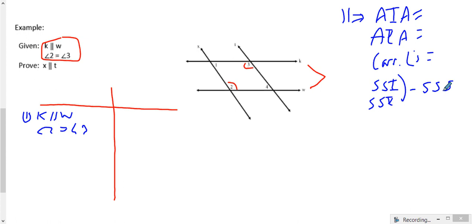Now these two angles themselves are not intersected by a transversal, so we cannot directly connect them.